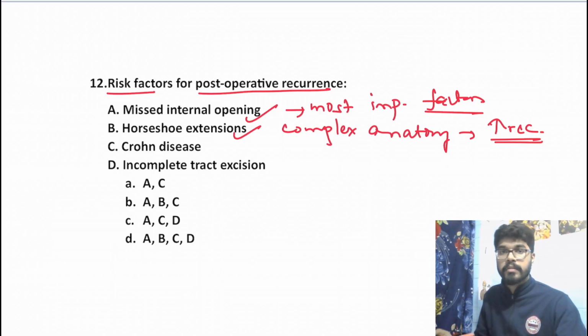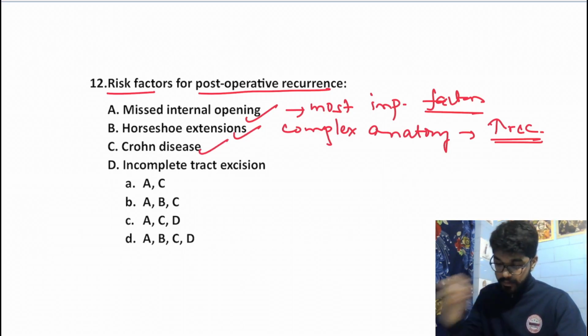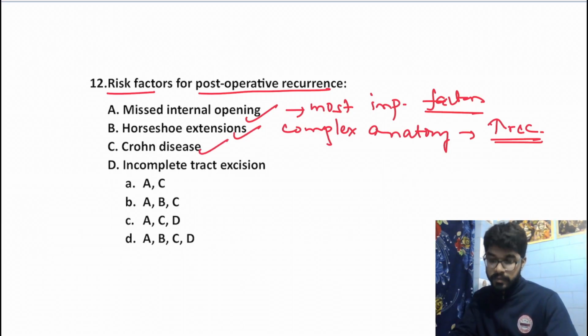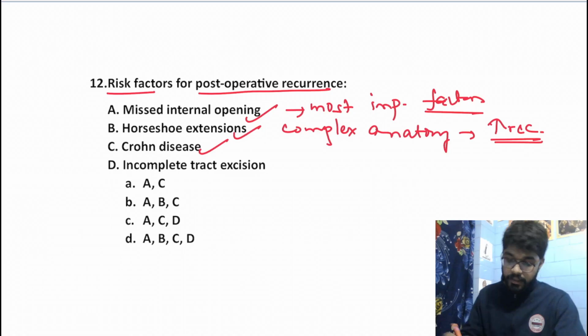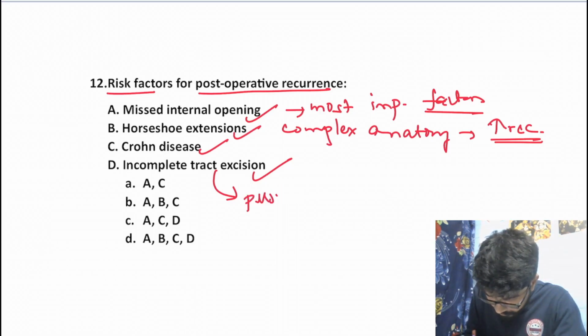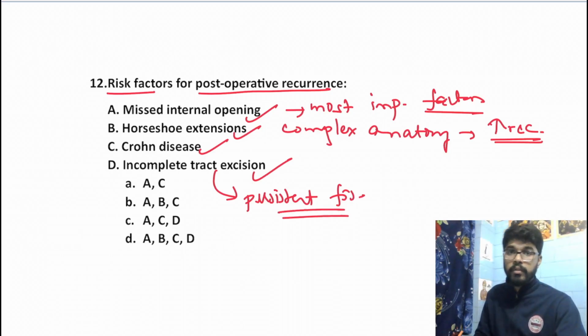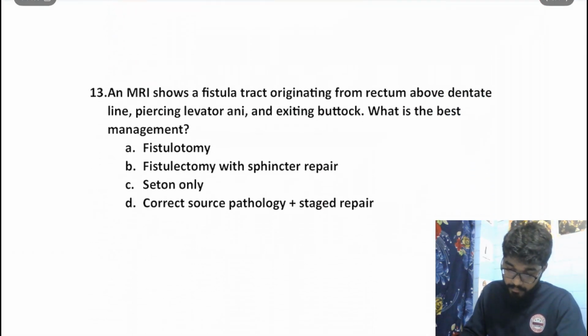Crohn's disease again falls under complex anatomy, because in Crohn's disease we see branching, right? An incomplete tract excision, of course, is also a risk factor where we get a persistent fistula. So our answer would be D, all of them. Okay. Moving on to the next question.